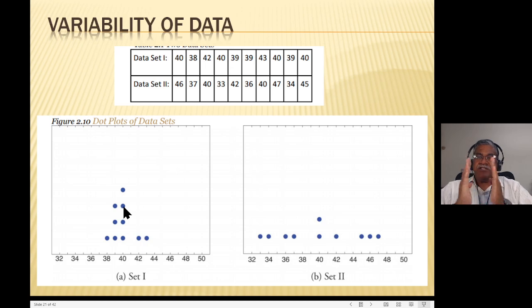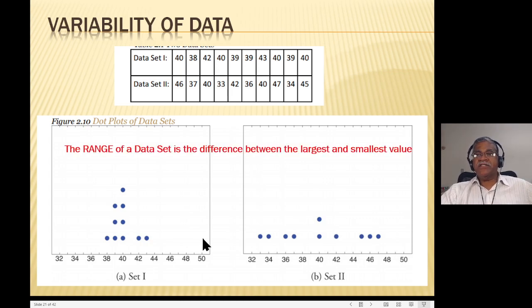Precision means it's clustered very close to the mean. On the other hand, this is spread out. A graphical representation of data will always give you a better picture, and you'll be able to grasp the point of the data a lot more quickly than if we were looking at these numbers.